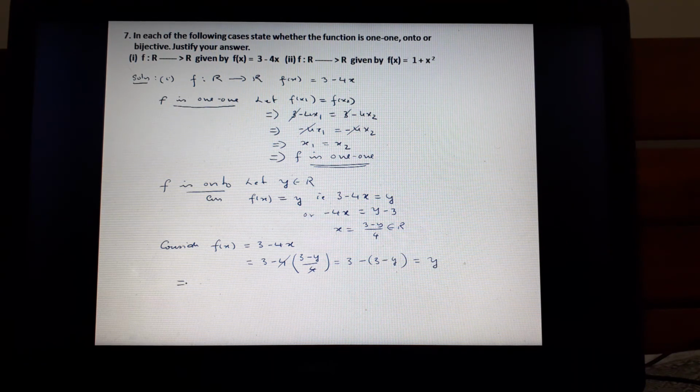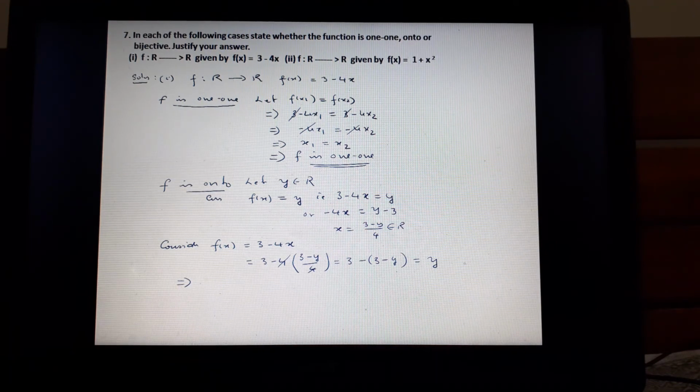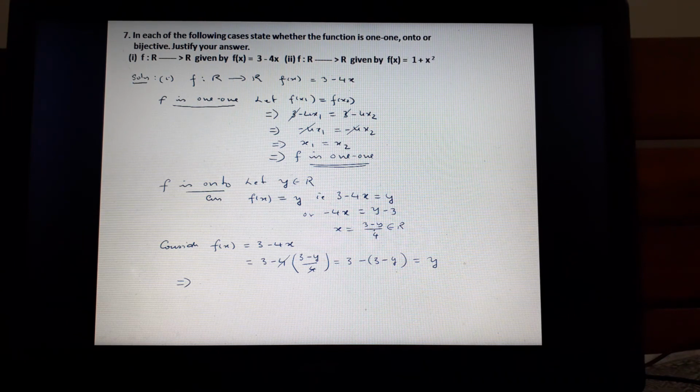This implies, see, I have taken a general element y, an arbitrary number y belonging to R, and corresponding to this one, there exists x such that f of x goes to y. This implies for every y belonging to R, there exists x belonging to R such that f of x equal to y.